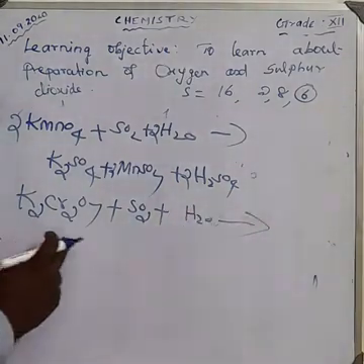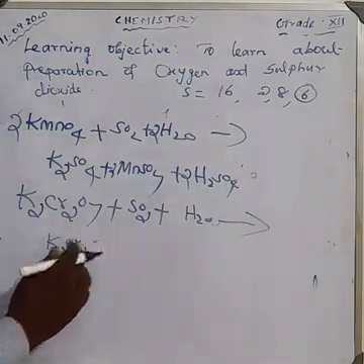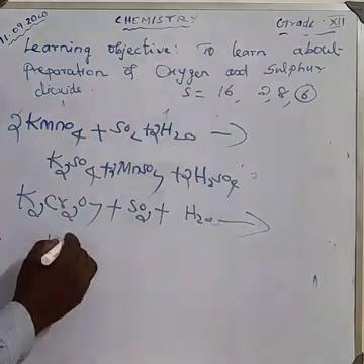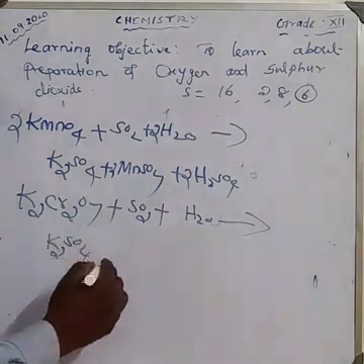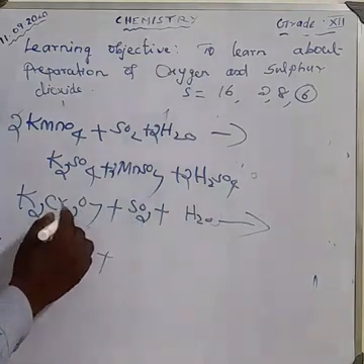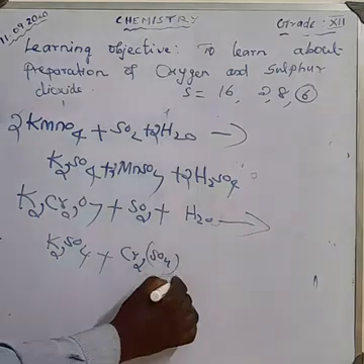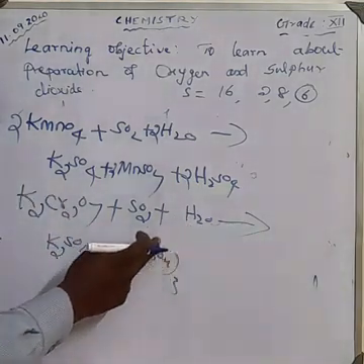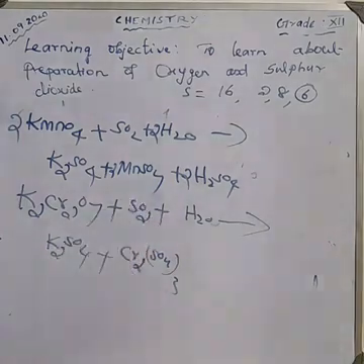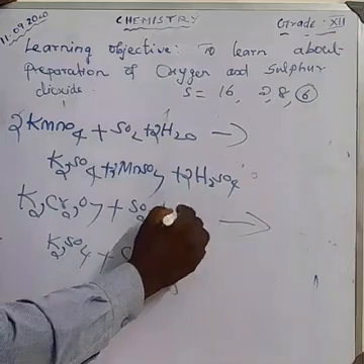Potassium combines with sulfate to form K2SO4, potassium sulfate, and chromium combines with sulfate to form chromic sulfate, Cr2(SO4)3. And also here hydrogen combines, not water, sulfuric acid.